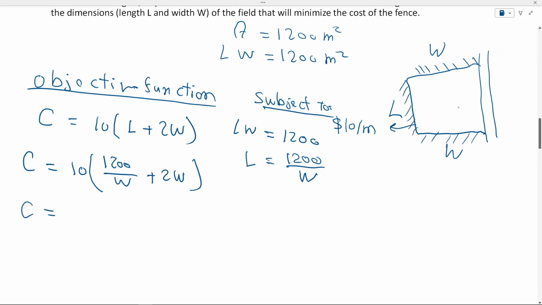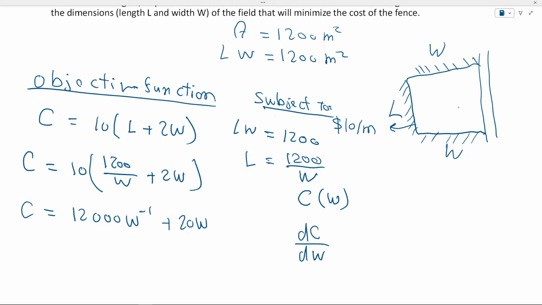So here that would be 120,000 W to the power of minus 1 plus 20W, multiplying the 10 through. Now this looks nicer. I have C as a function of W, and I'm asking what is the W that will give me the minimum C. We know how to do this: we just find the derivative of this function, dC over dW.